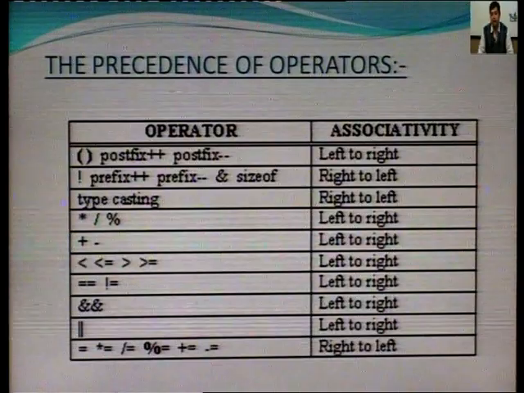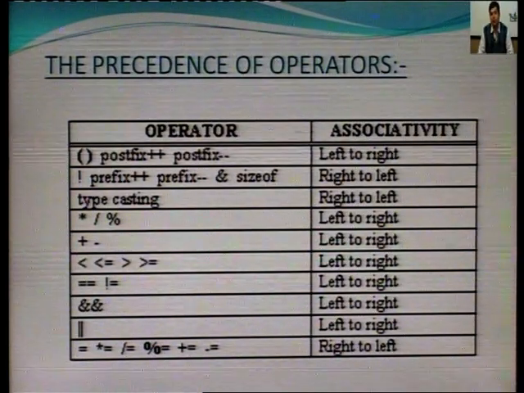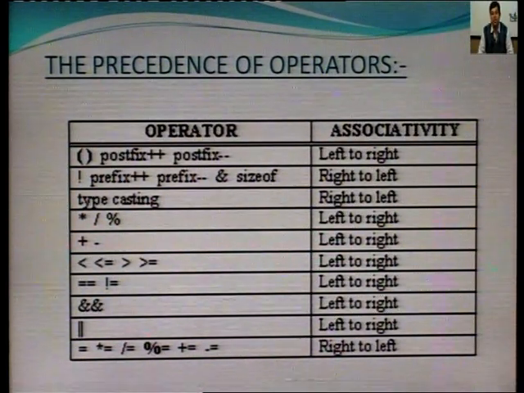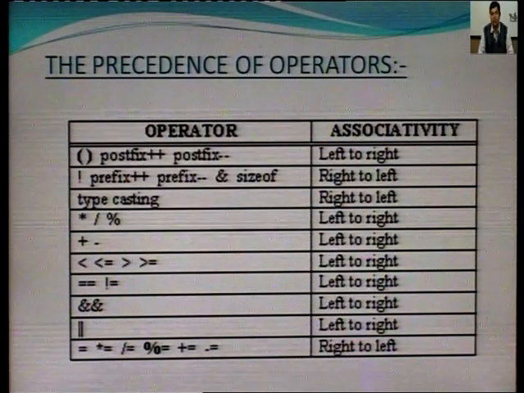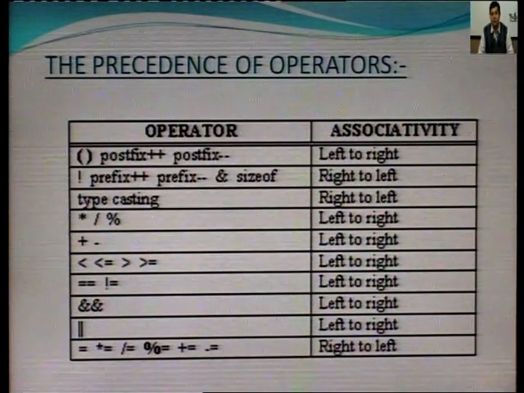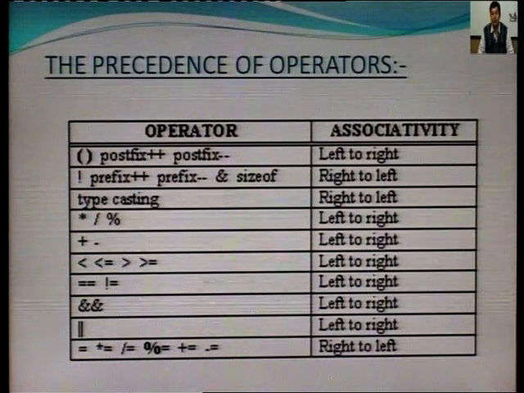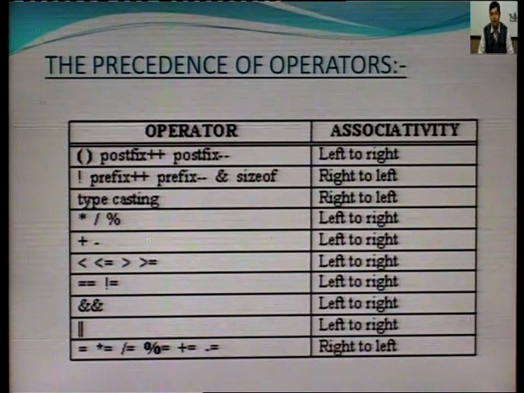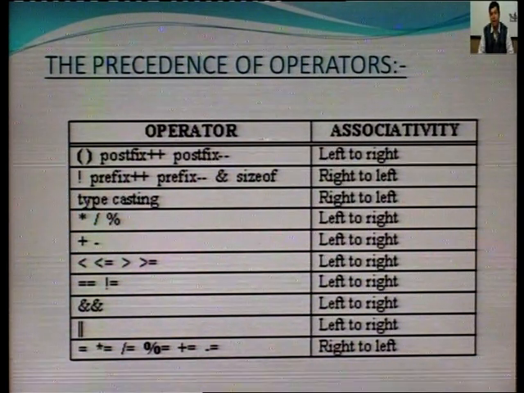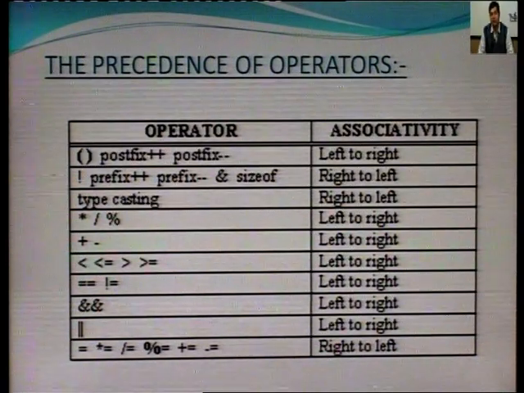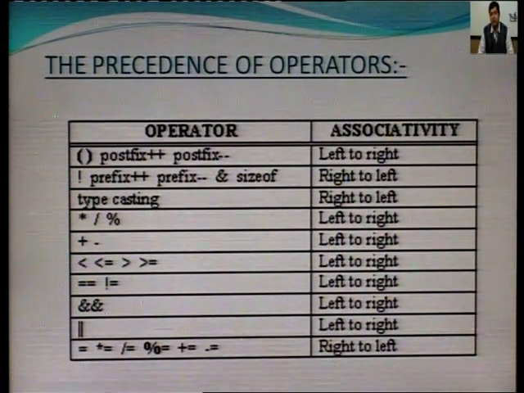How do we execute it? We have to execute the expression within the parentheses from left to right. So this is the precedence of operators. The next precedence is for not, prefix plus plus, prefix minus minus, the ampersand sign, and sizeof, and their associativity is from right to left.